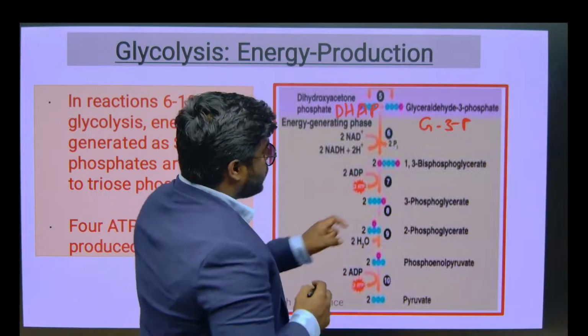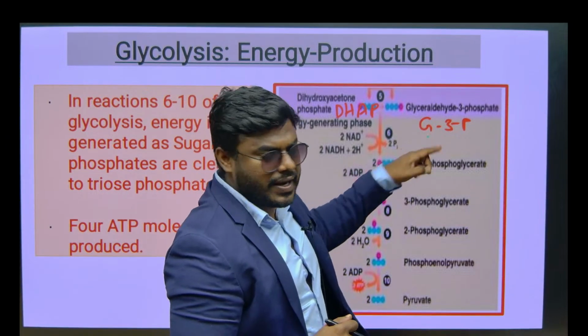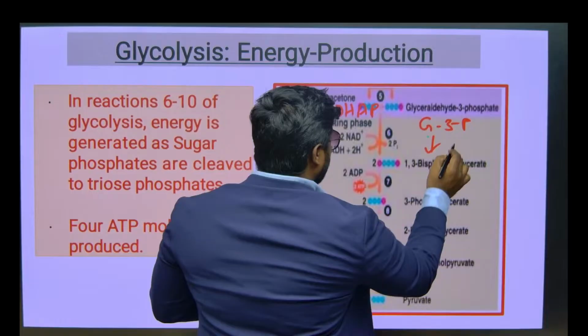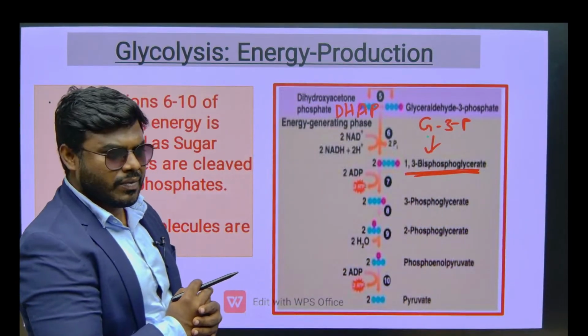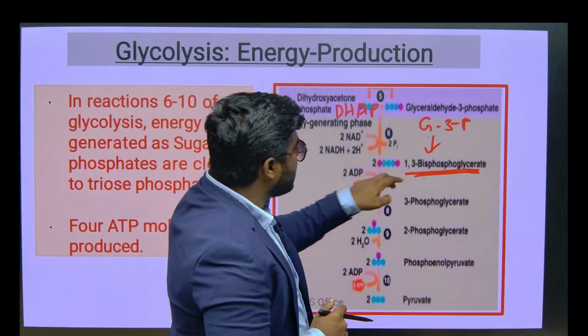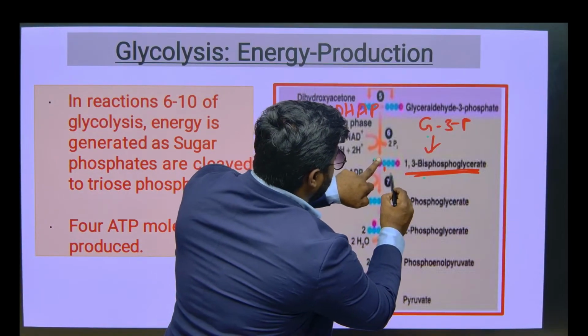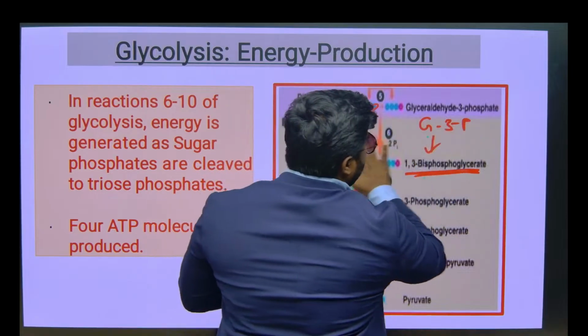Correct? So glyceraldehyde 3-phosphate is converted into 1,3-bisphosphoglycerate. How many carbons is 1,3-bisphosphoglycerate? 3 carbons, 1, 2, 3, with phosphate.